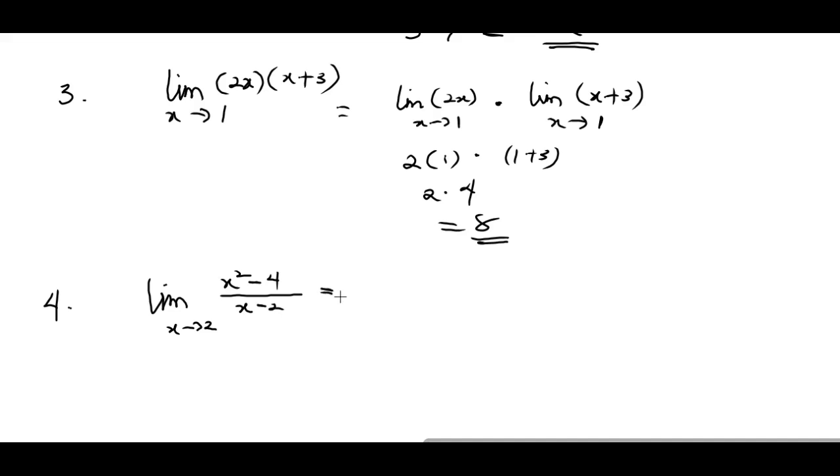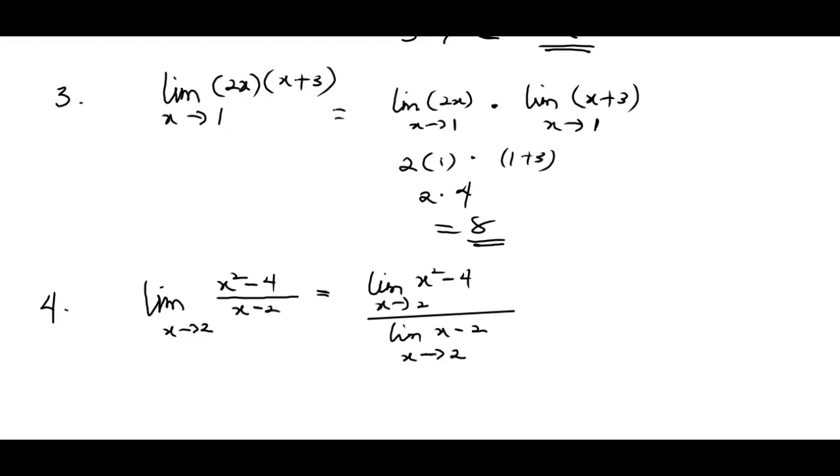Because if we simply say that this becomes the limit of x squared minus 4 as x tends to 2 all over the limit of x minus 2 as x tends to 2, and we substitute 2 for x, that will be 2 squared minus 4 over 2 minus 2. That will be 2 squared, that's 4, minus 4, that is 0 over 0.